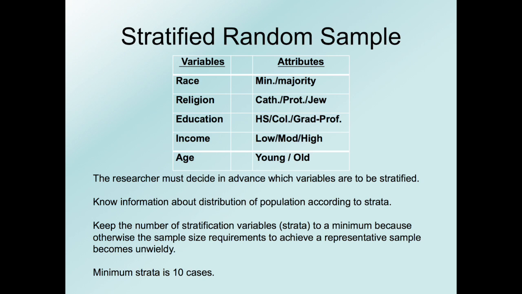For income, we also have three categories: low income, moderate income, and high income. Again, we'd have to define what the dividing lines are. And then age, young and old. Again, we have to define what age ranges distinguish young from old.